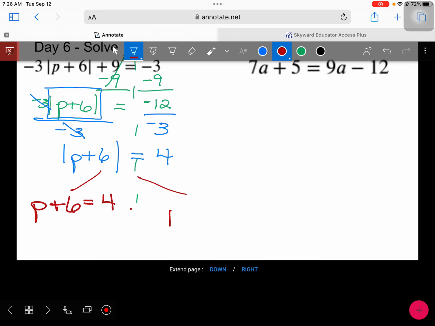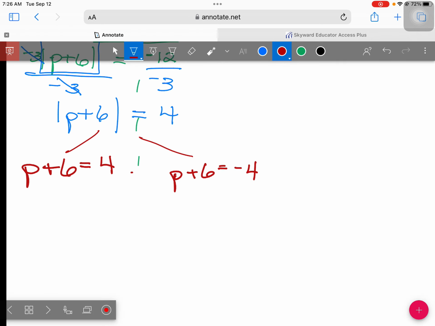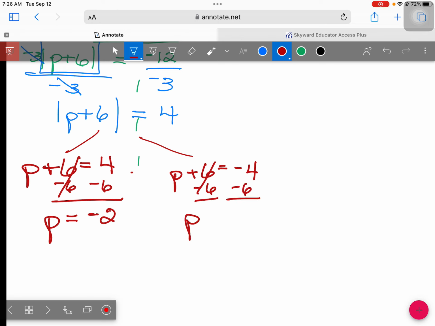And on the other side, P plus 6 is equal to what? -4. All right, so we subtract 6, subtract 6. The 6's cancel out. P is equal to -2. Subtract 6, subtract 6. And P is equal to -10.